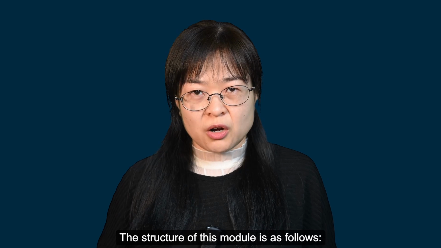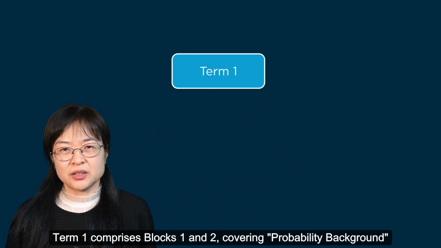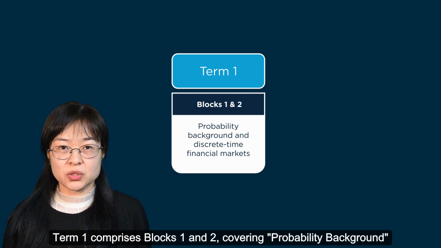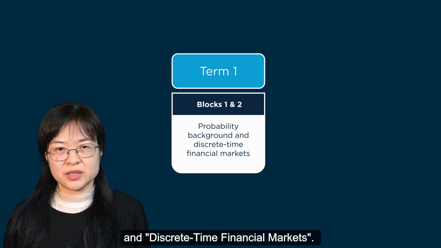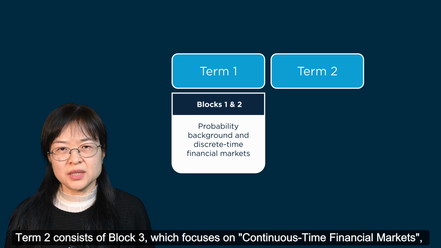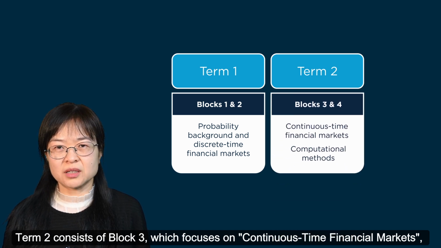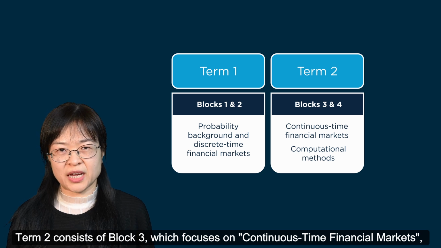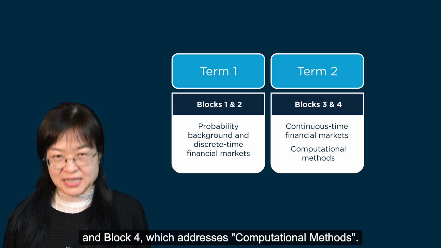The structure of the module is as follows. Term 1 comprises blocks 1 and 2, covering probability background and discrete time financial markets. Term 2 consists of block 3, which focuses on continuous time financial markets, and block 4, which addresses computational methods.